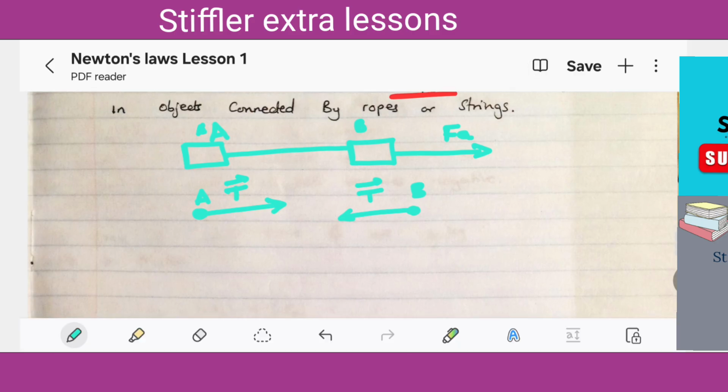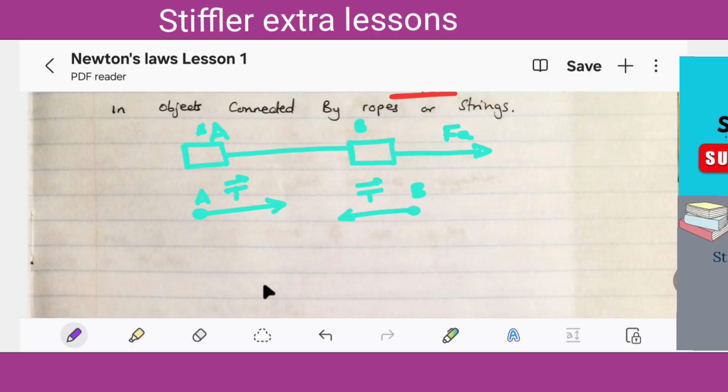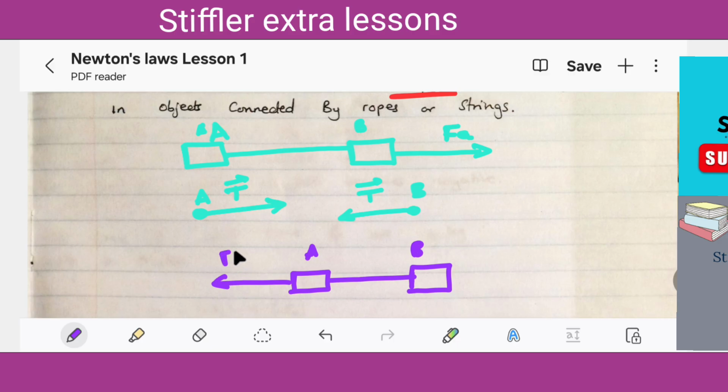We can also have another example. Let's say now we have other objects going in the opposite direction. We have our body A there and our body B there. Let's say the force is applied to A and the objects are going in that direction.